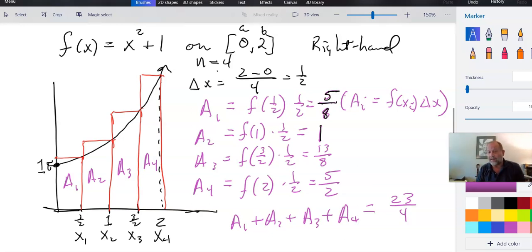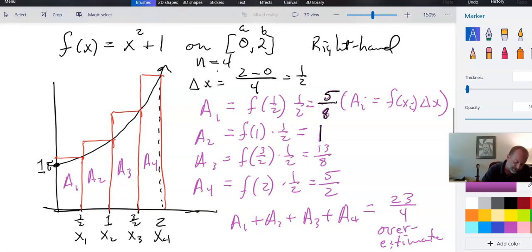And now you want to think about, is this an overestimate or an underestimate? And you can tell most of the time by just looking at your picture. If you look at your picture, all of those rectangles are bigger than the area they're covering. So this is an overestimate. And I will tell you, I computed the actual area.